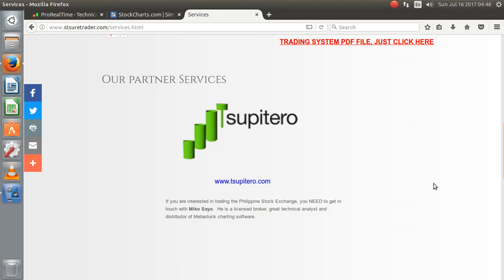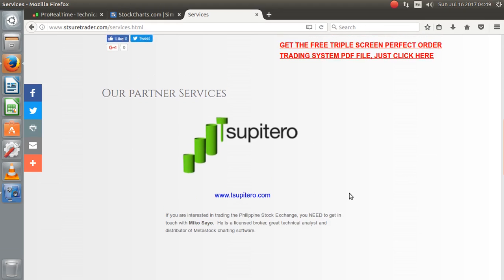So if you want to trade Philippine stocks, you definitely must go over to chupitero.com. There's the address, and look for Miko Sayo. And you can also get the MetaStock charting software from him because he's a licensed distributor. He's also a licensed broker for the Philippine Stock Exchange. Okay, so that's for the Philippine Stock Exchange.